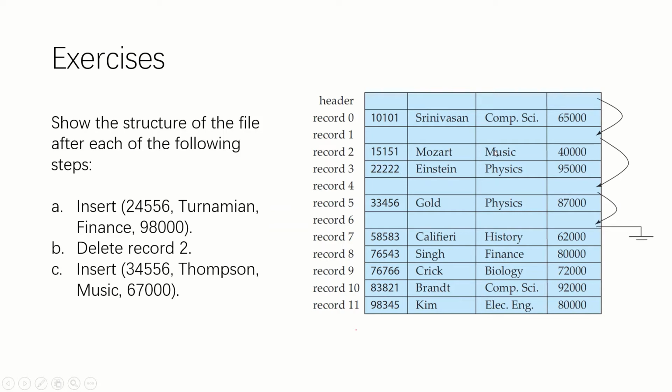If you delete record number 2, you will have this pointer pointing to 1, 2, and then to 6. After that, you insert this record, and it will go to record 6. So you have a header that points to record 1, record 2, and then to the new record. So this should be how the question is answered.